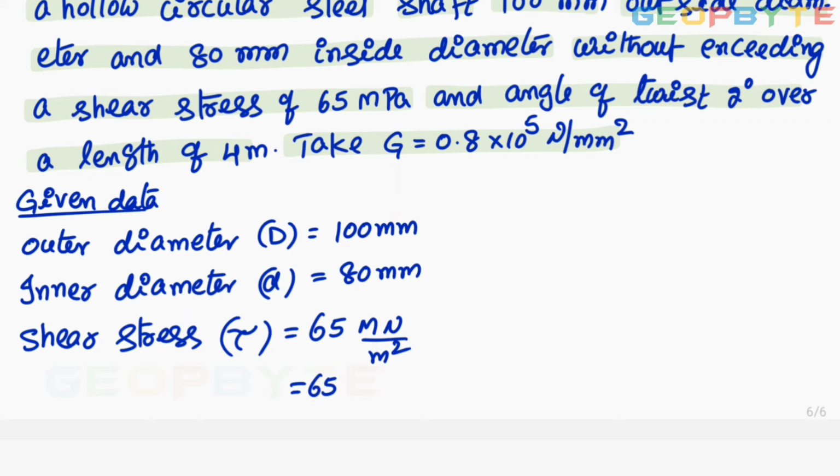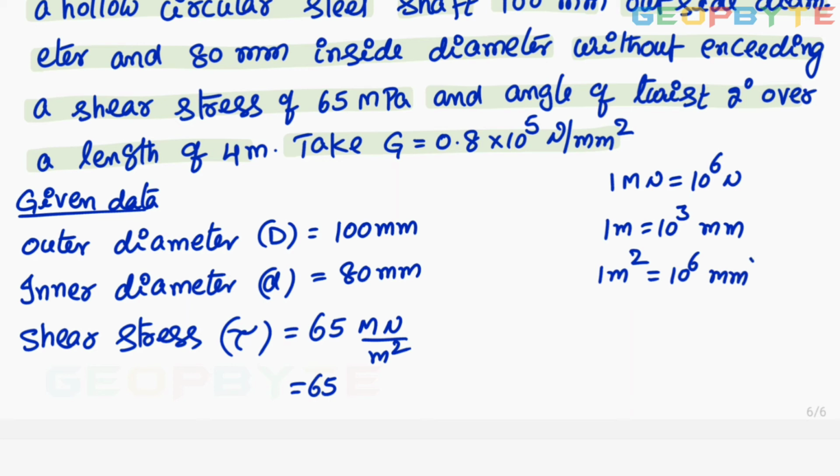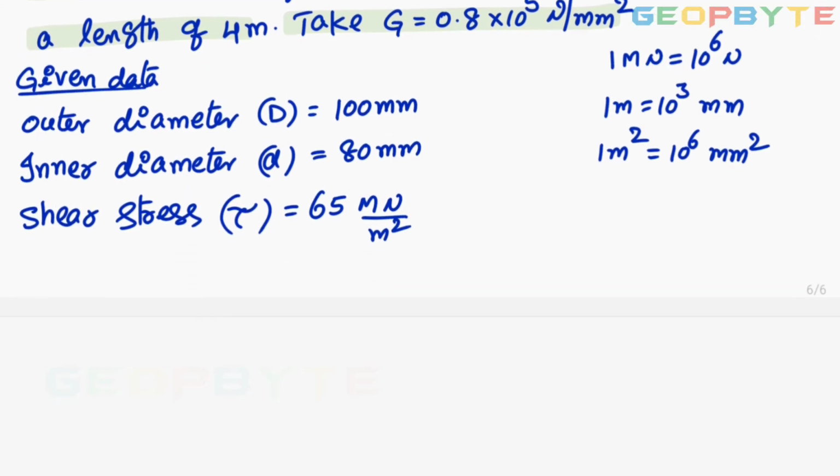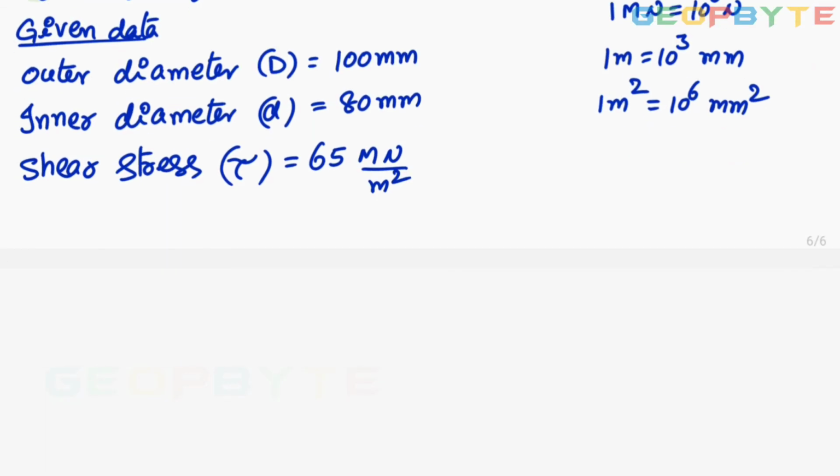65. Okay, one minute. 1 mega Newton is equal to 10 power 6 Newtons. 1 meter equal to 10 power 3 mm. Then 1 meter square equal to 10 power 6 mm square. It is equal to 65 into 10 power 6 mega Newton becoming Newton.